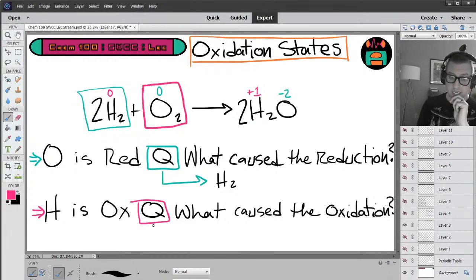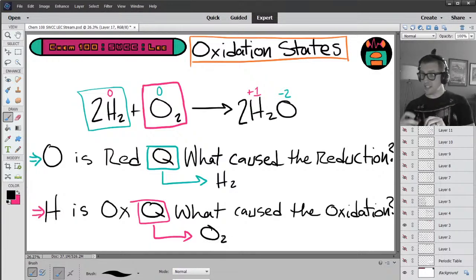The answer is oxygen. O2, the molecule, causes the oxidation to happen to hydrogen. H2, the molecule, causes the reduction to happen to oxygen.